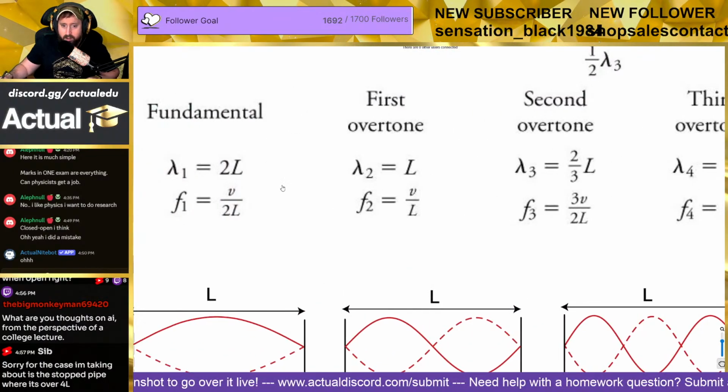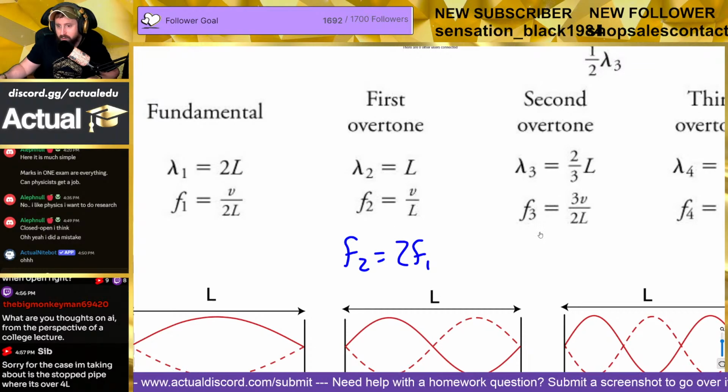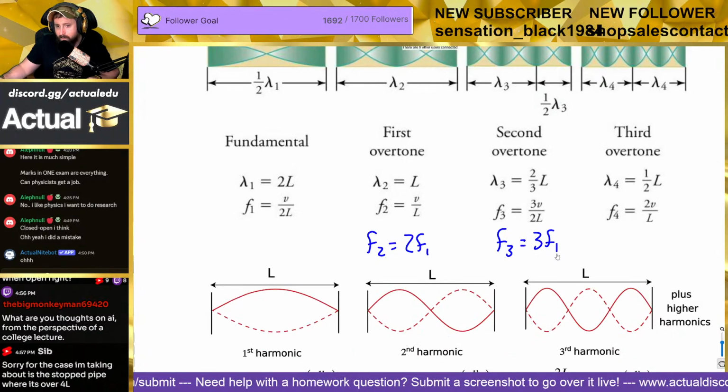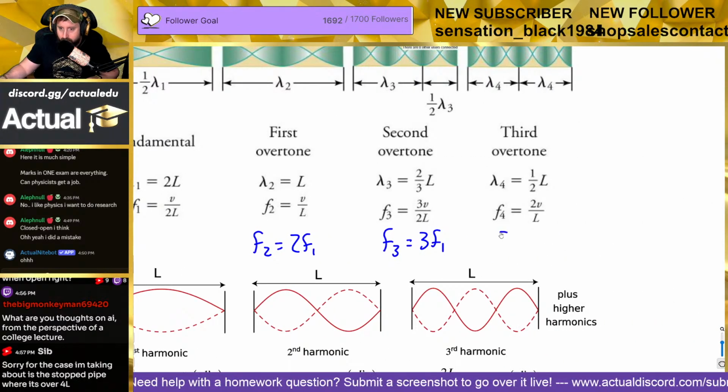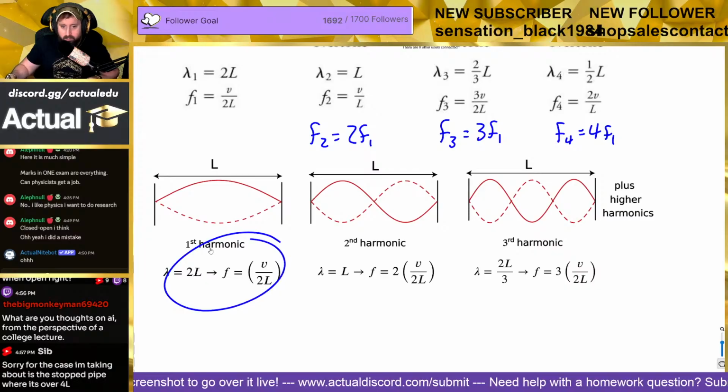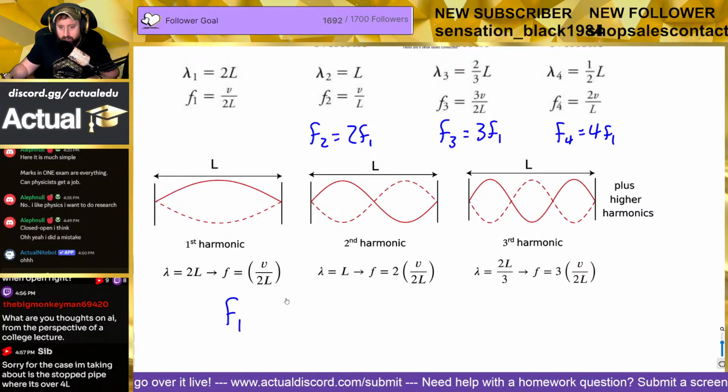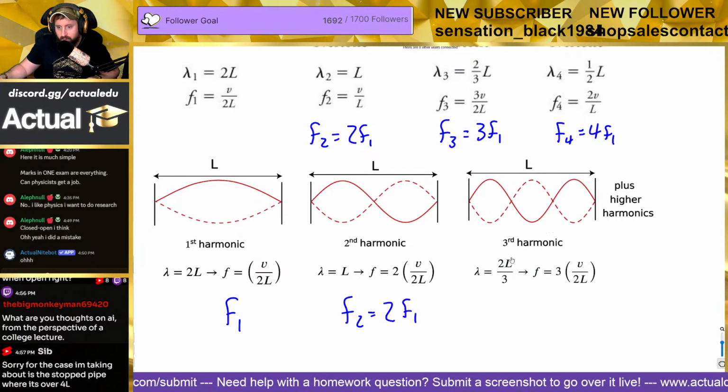So here, F1 is V over 2L, so then F2 is equal to 2F1, F3 is equal to 3F1, F4 is equal to 4F1. You can have every N going up. It's the same thing here. So this is F1, and then this is 2 times F1. So here F2 equals 2F1, and then this is F3 equals 3F1.